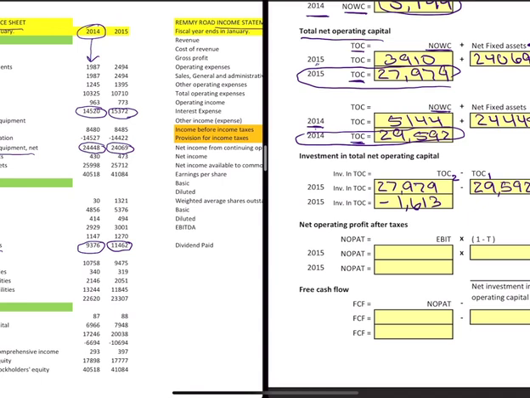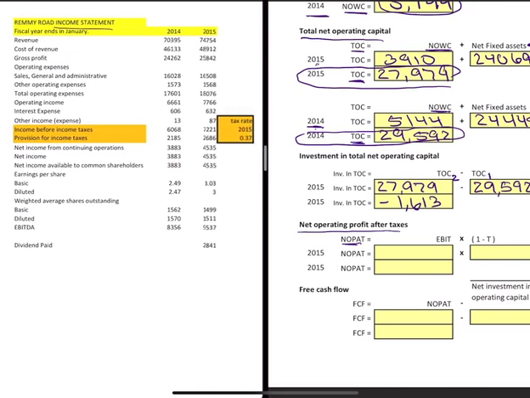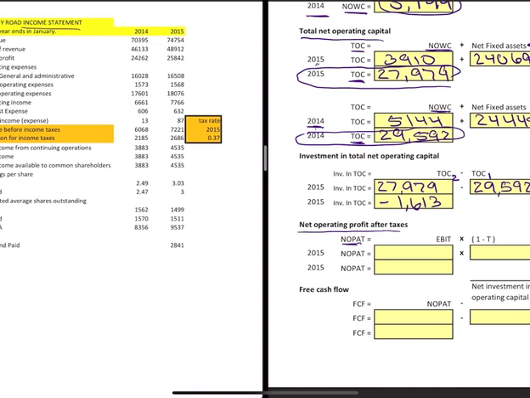Now we're going to calculate our NOPAT, or our net operating profit after taxes. So we take our EBIT from 2015. To do that, we're going to look at our income statement. Okay, so our income statement gives us information that we'll need to calculate the NOPAT.